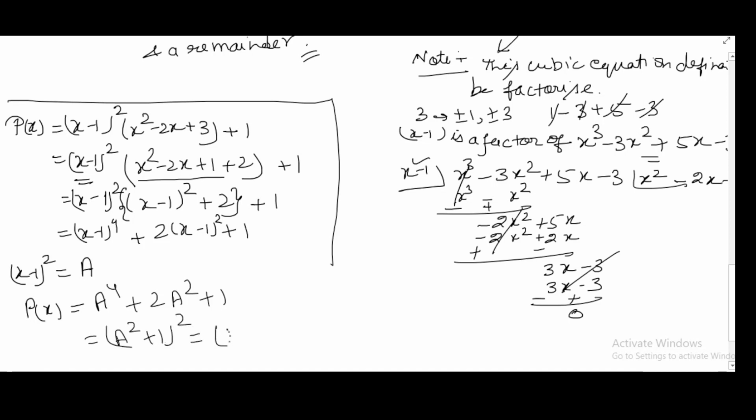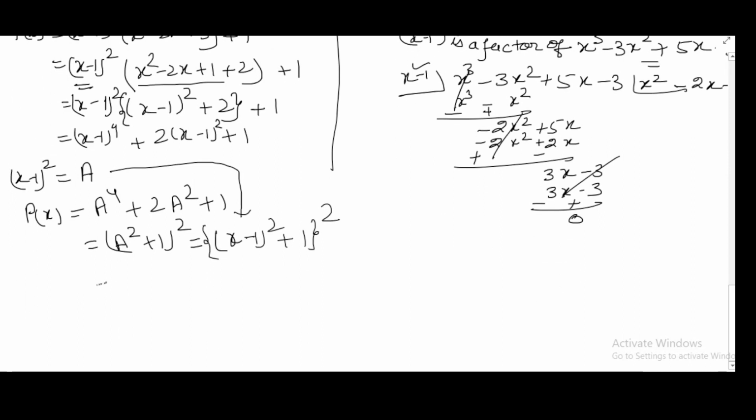So that means this is x minus 1's whole square plus 1's whole square, right? Because the value of a is x minus 1 and we have to put this value of a here, right?